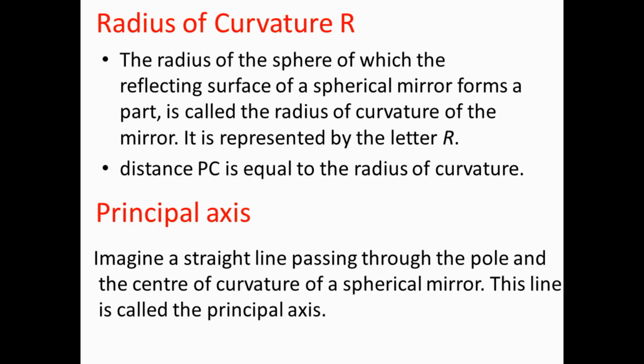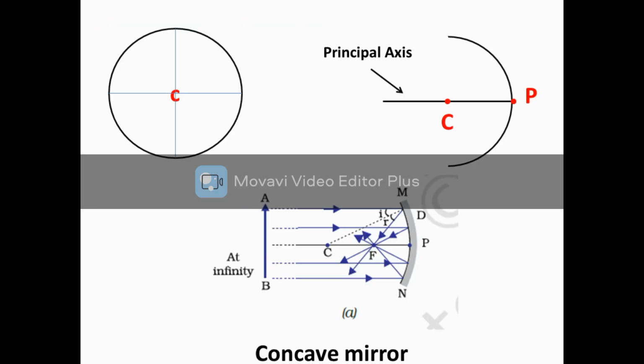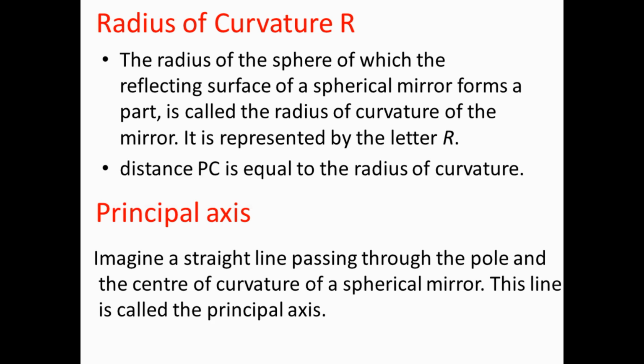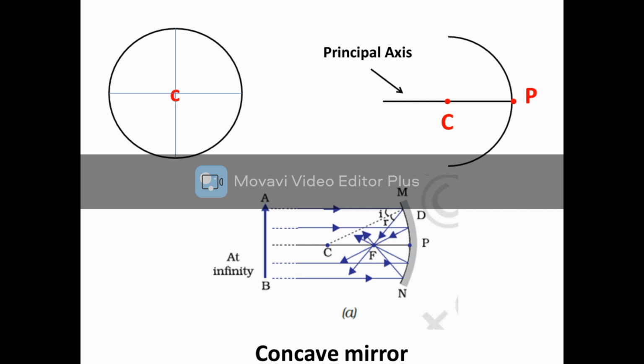The radius of curvature is the distance between C and P. C is the center of curvature, and the distance between the pole and the center of curvature is the radius of curvature, which is represented as R. Another important thing is the principal axis. The principal axis is an imaginary line drawn through the center of curvature and the pole.